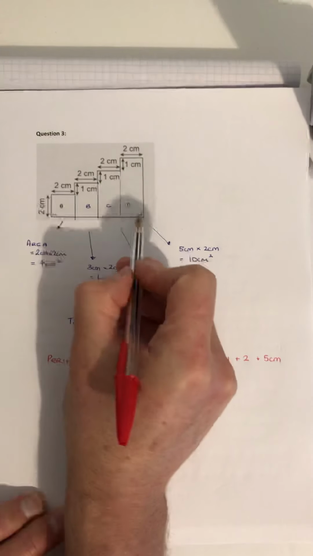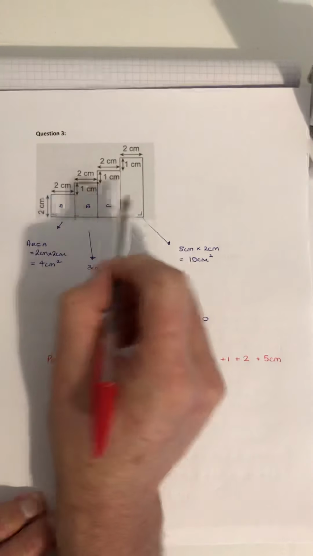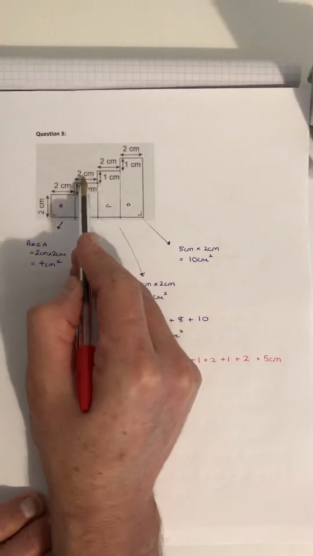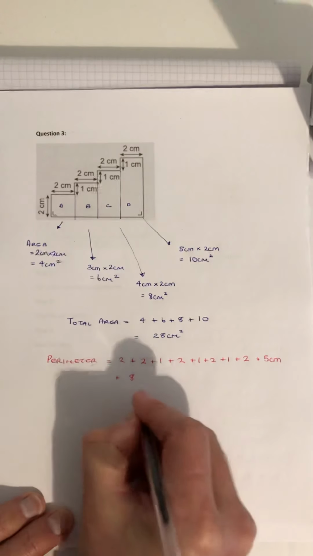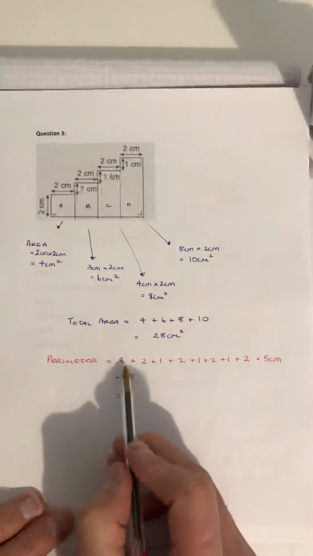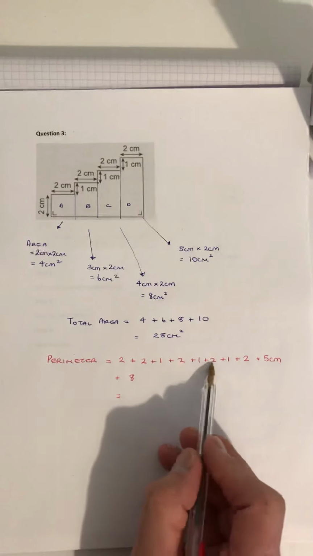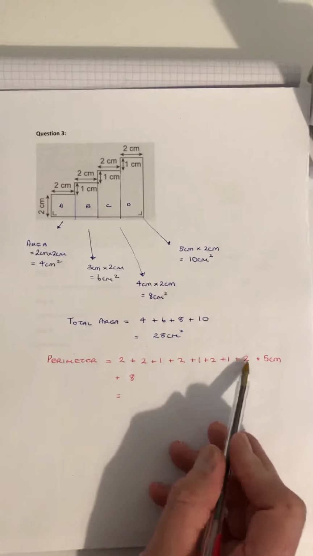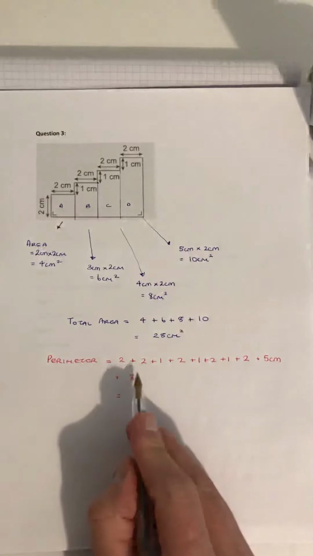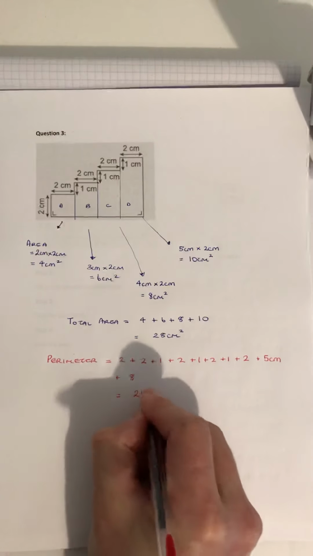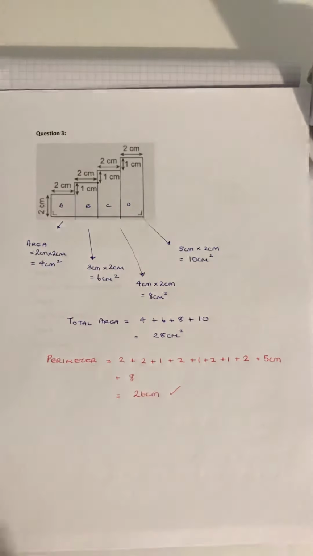Plus the last one, what's the total width across? 2 plus 2 plus 2 plus 2 is 8. So I'm going to get the total perimeter of 26 centimeters.